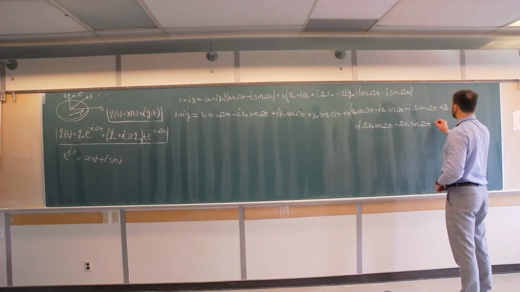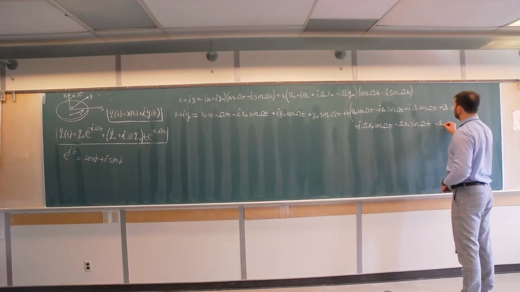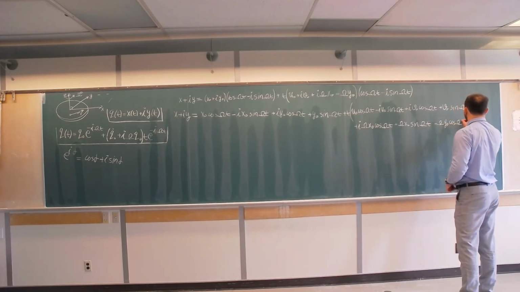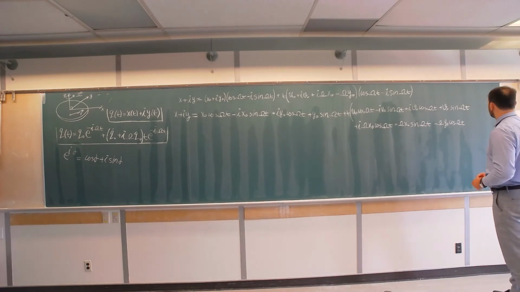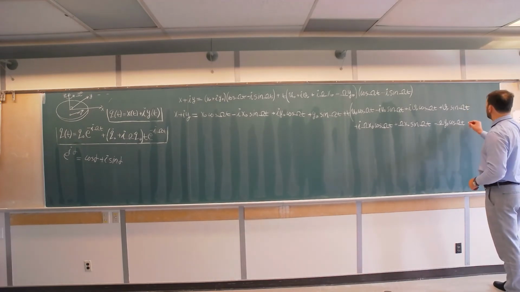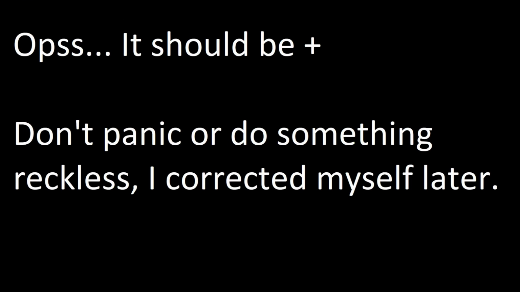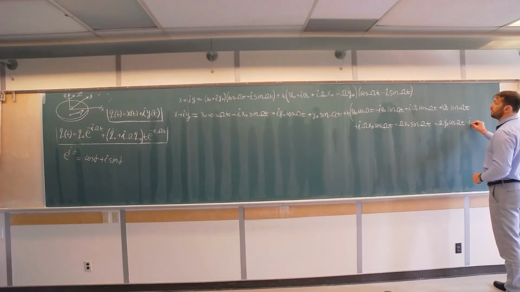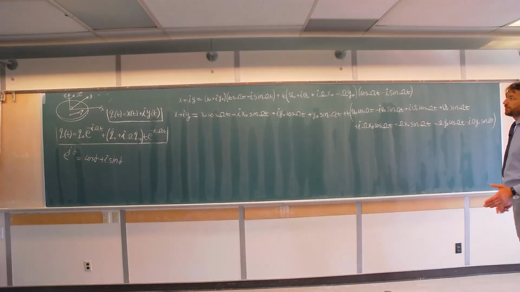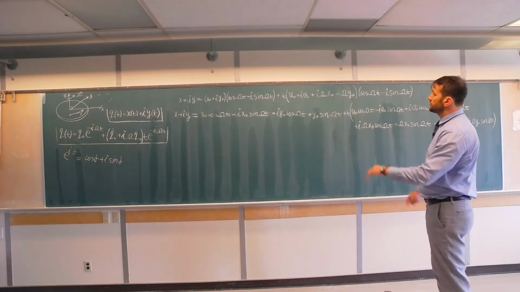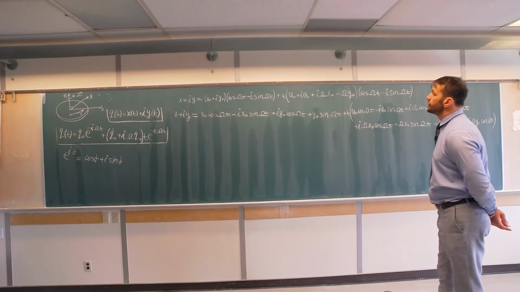So that should be minus omega y0 cosine omega t and minus i omega y0 sine omega t. I hope I didn't mess up some multiplication over here.